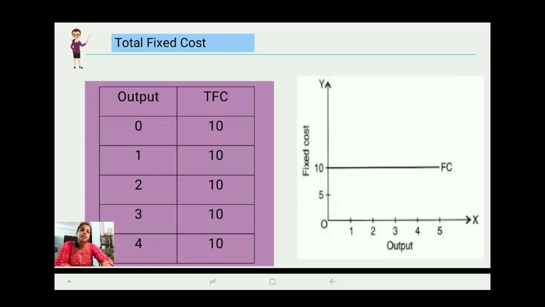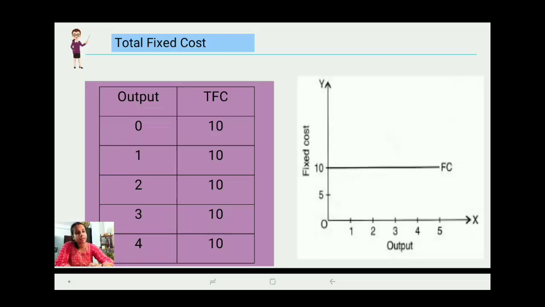So you see here what the total fixed cost curve is and how we can derive it from the fixed cost. With the increase in output from 0 to 4, fixed cost, which we have taken as 10 in the table, remains the same throughout. And one important thing: even at 0 level of output, fixed cost remains the same.